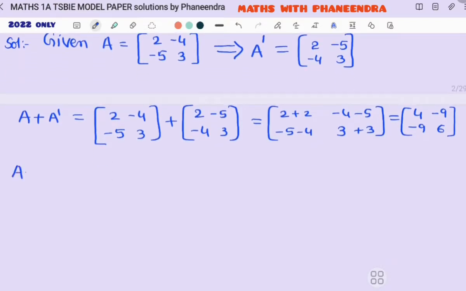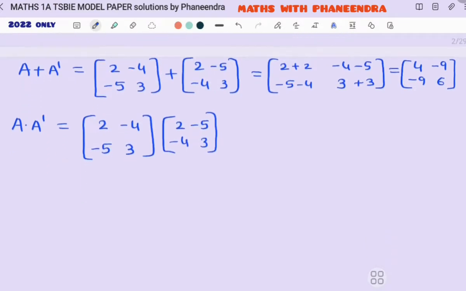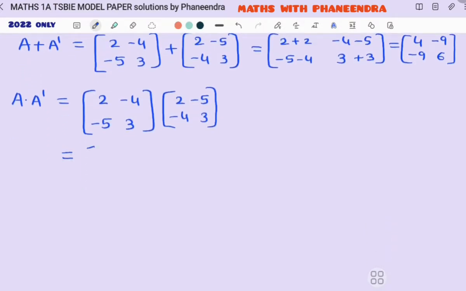A into A dash. So A value is [2, minus 4; minus 5, 3] into A dash, the transpose of the matrix, [2, minus 5; minus 4, 3]. So we know how to multiply these. 2 into 2 is 4, plus 16; 2 into minus 5 is minus 10, minus 4 into 3 is minus 12.